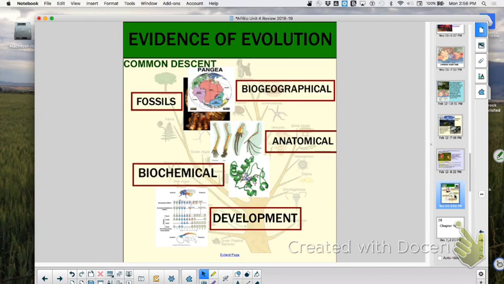What was the third one? Developmental. Okay, let's separate the two out because one is kind of biochemistry. I would say embryological, making embryological comparisons because we're talking about anatomy. So it is the development of embryos. But when you talk about developmental evidence, usually you're talking about the genes and the Hox genes.